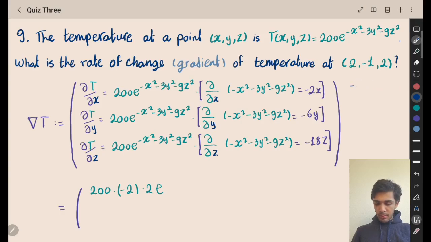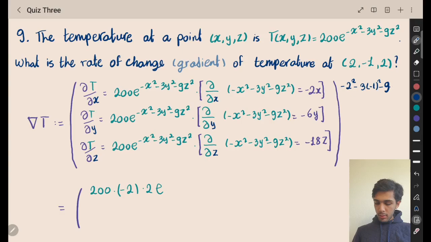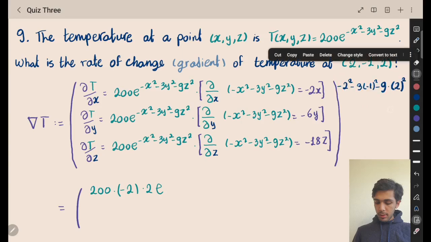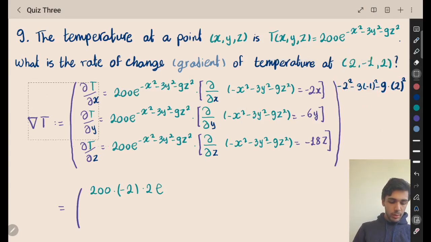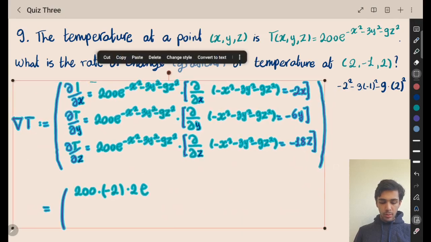So I'll write this on the side. So minus 2 squared minus 3 times minus 1 squared minus 9 times z squared, which is 2. What does this whole thing give us? Well, luckily we have a calculator for us. We don't need to compute this on our own.